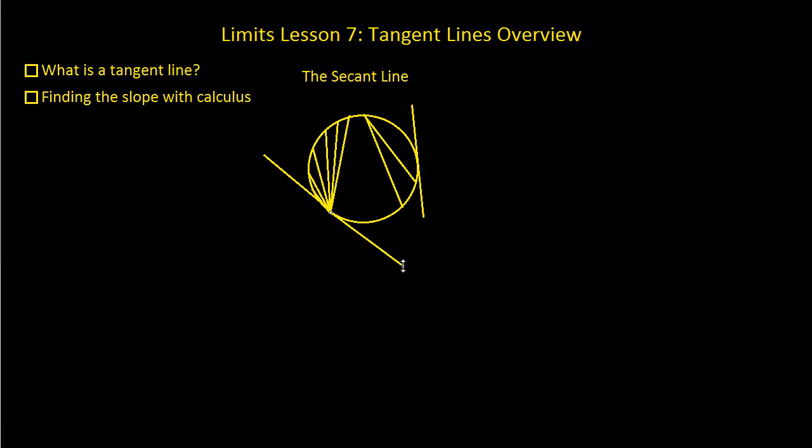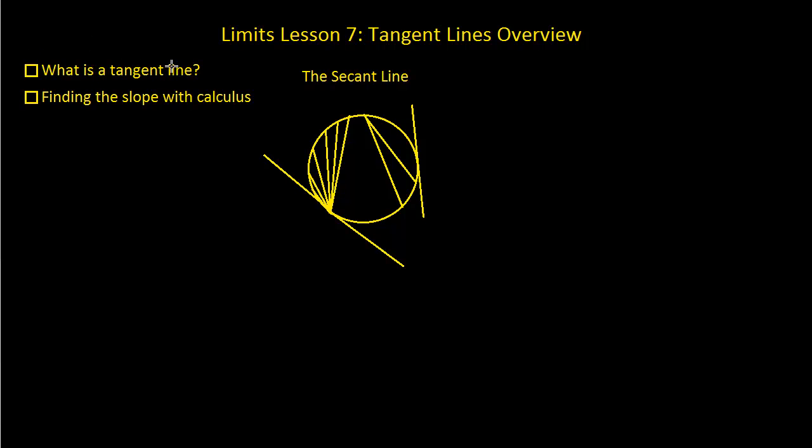Eventually we've got a tangent line going straight through that point. Once it hits this point, it's just a straight line going through there. Now it turns out that this is a very useful thing to understand in calculus, and it's something we'll be using a lot.